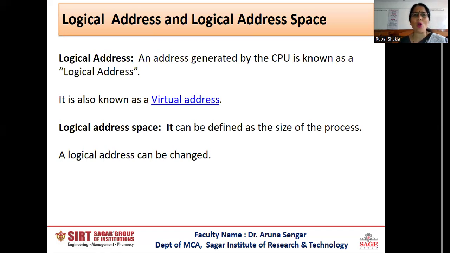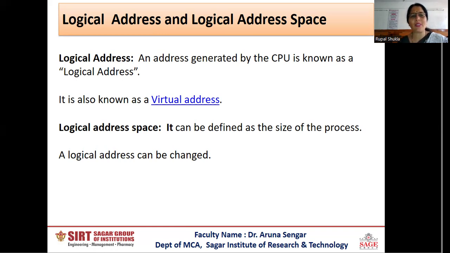That address is called logical address. It means the CPU generates an address for every process, and this generated address of the process is called logical address, and is also known as virtual address.